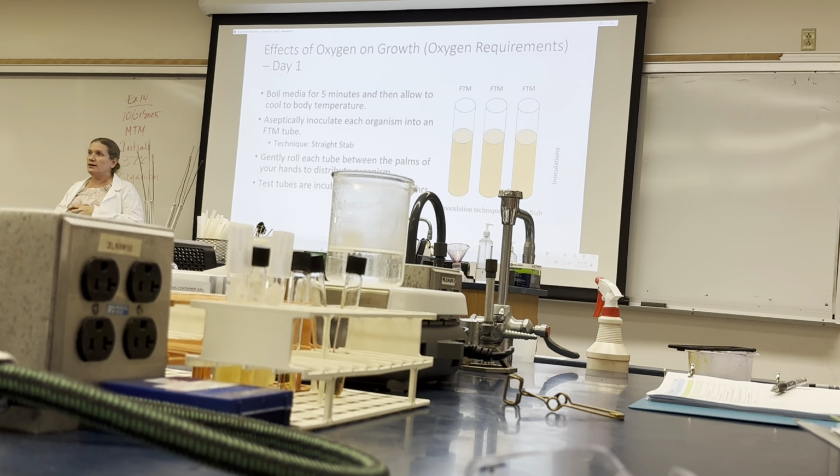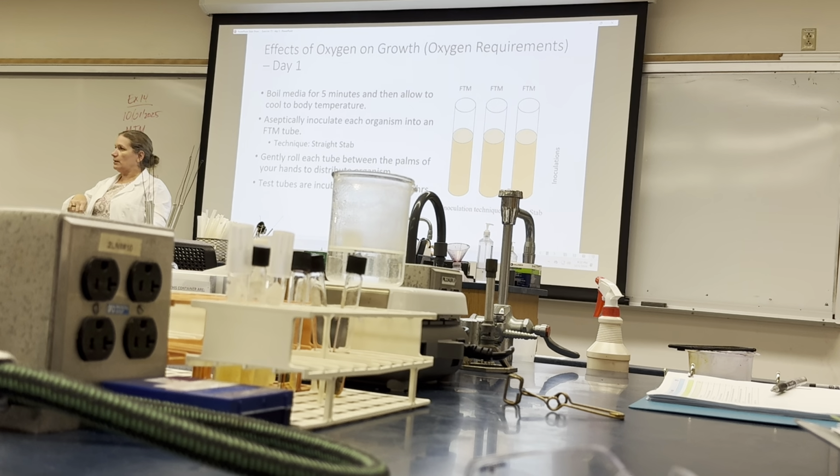Because this time, fluid thioglycolate is a liquid, not a semi-solid, right? If I turn this to the side, we've got liquid, semi-solid. This one you're straight stabbing with the needle because we want a line down the center. This one we're straight stabbing because we just spent 5 minutes boiling out the oxygen.